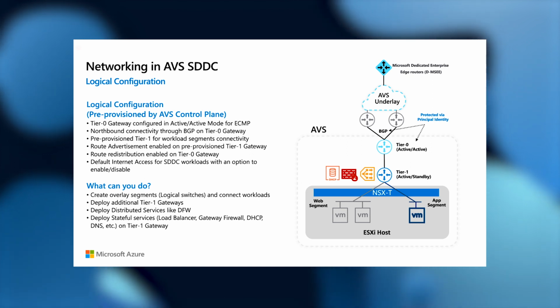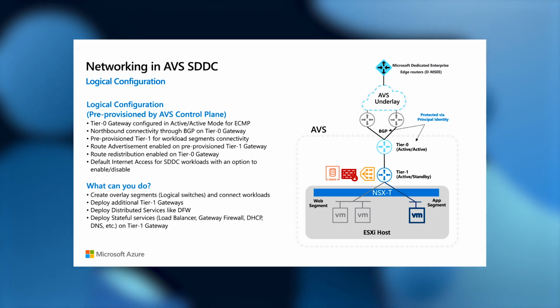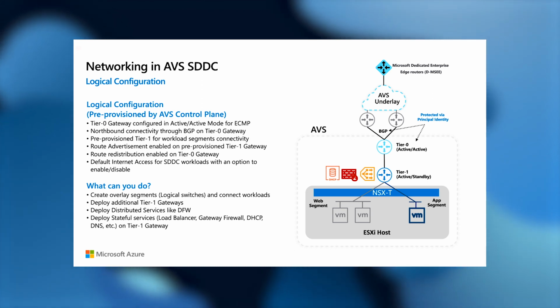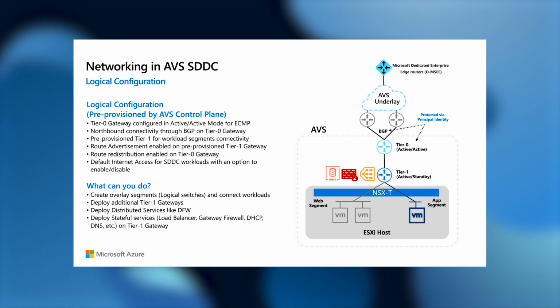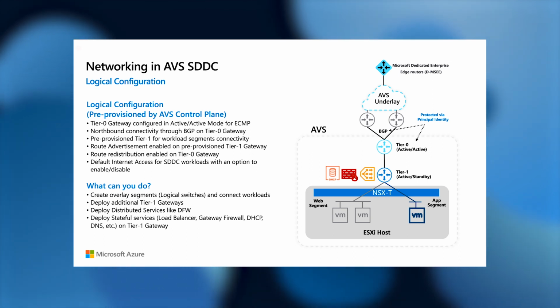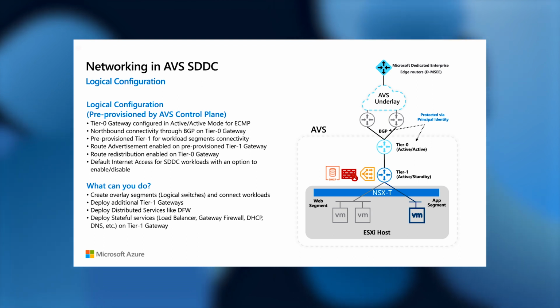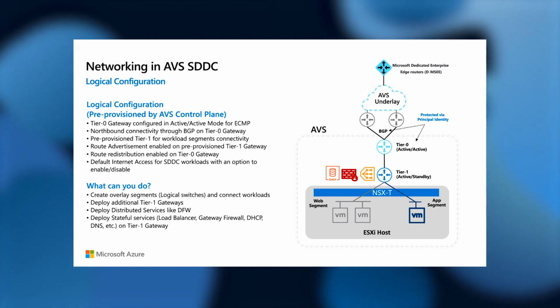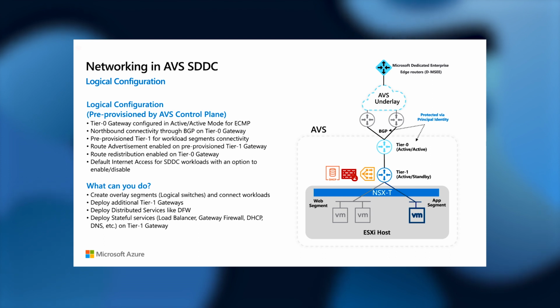This tier 0 is your north-south gateway to your infrastructure. If you were to go to Azure VNets or to your on-premise environment, this tier 0 provides you that north-south connectivity. We pre-provision BGP peerings so that it can already talk to the AVS underlay, and we protect these BGP peerings and this tier 0 using principal identity.